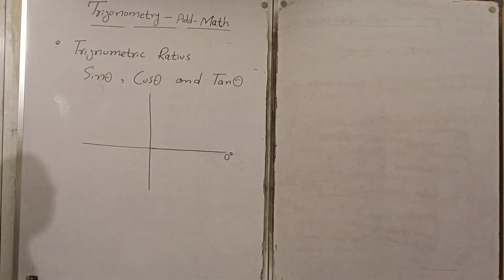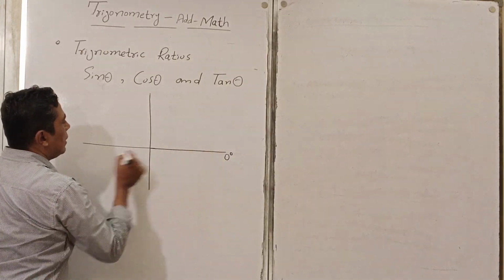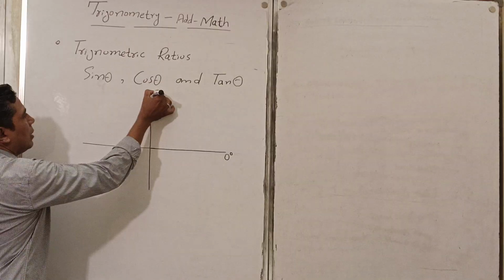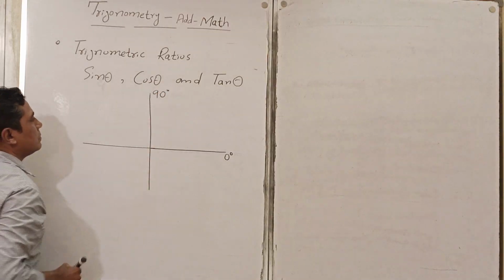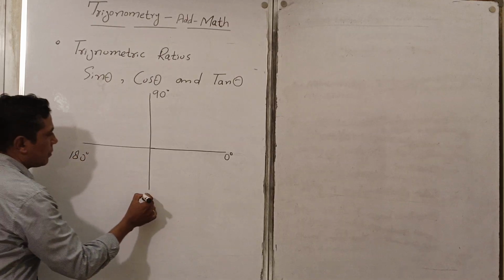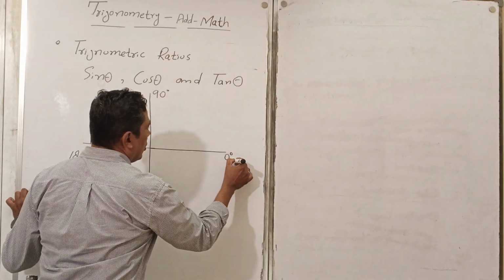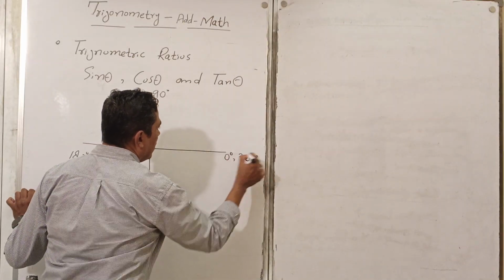This one is your 90 degree. It is your 180 degree. This one is your 270 degree, and it is your 360 degree.